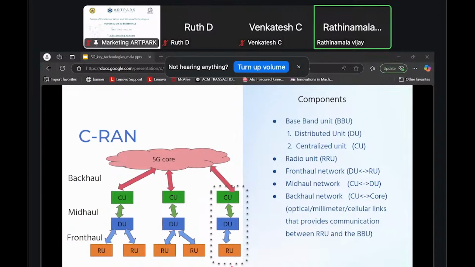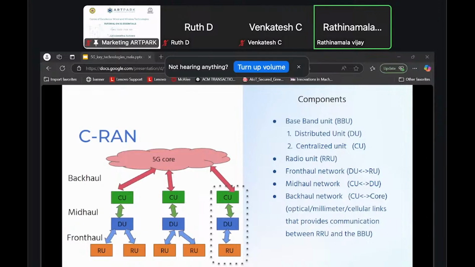And the distributed unit performs lower layer functionalities like the physical layer functionalities or radio link control, and MAC layer functionalities are also taken care of in the DU. So the radio units can be placed quite far away from the core, and the DU can be placed much closer to the radio units.